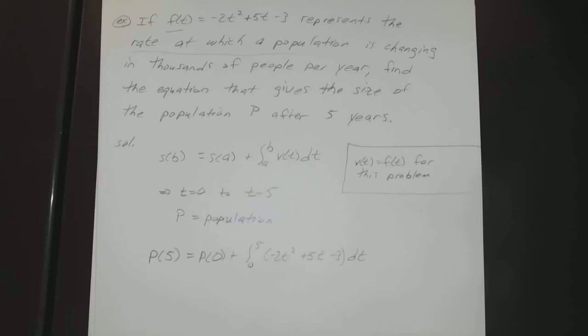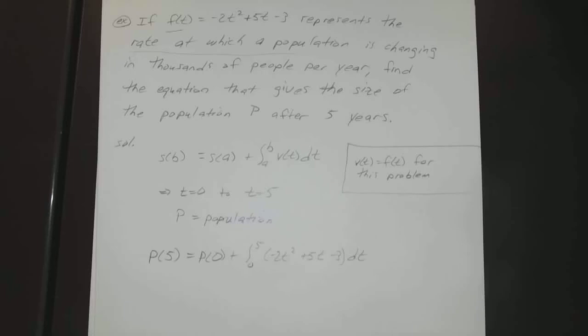So, real quick, if we were solving it, the P of 0 and P of 5, is that equation going to be the minus 2t squared plus 5t, or is it going to be the integral of that?